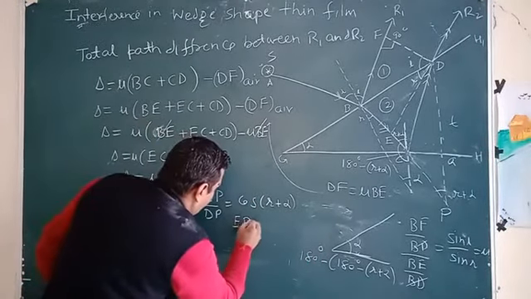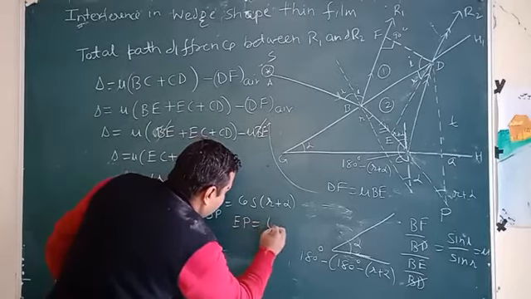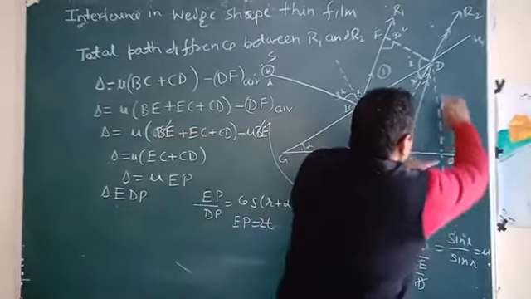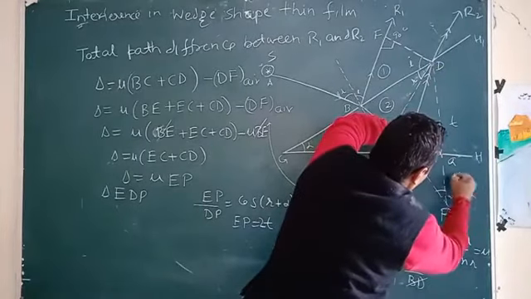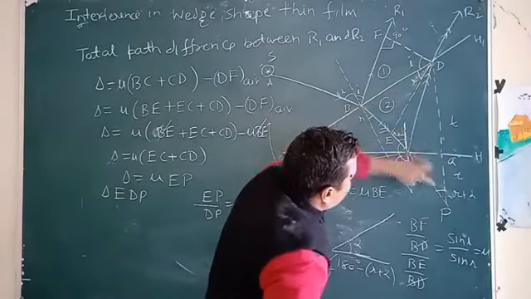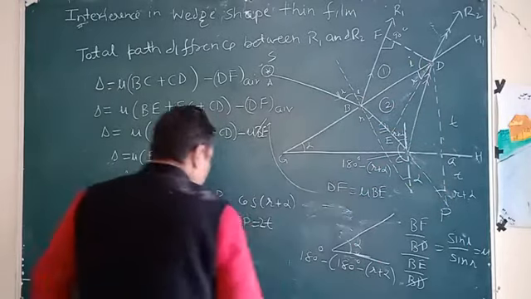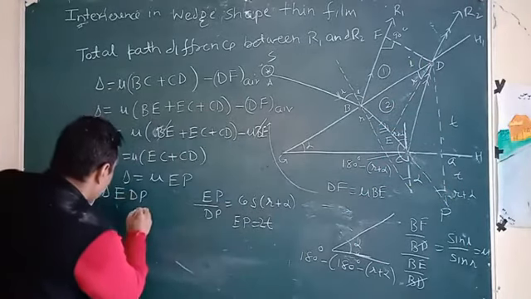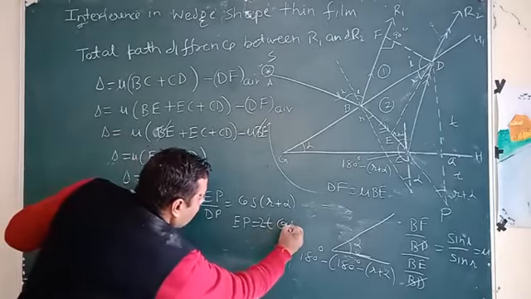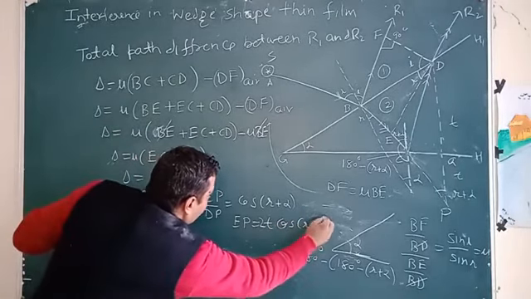So EP is equal to DP, that is t, that is 2t. This is t and this is again t, because these are the same. So t and t, so 2t. Then the path difference is 2t cos(R plus alpha).